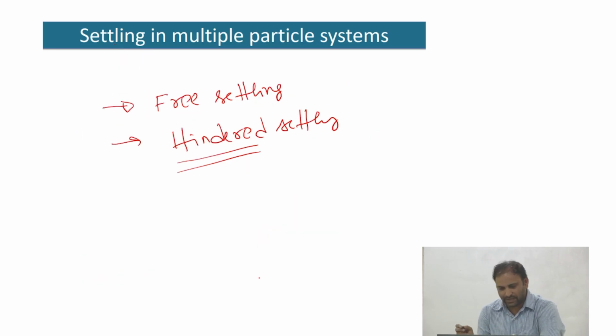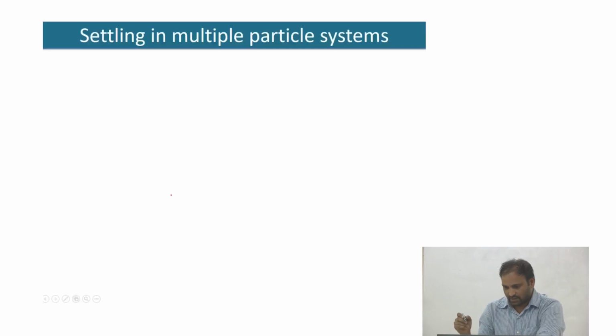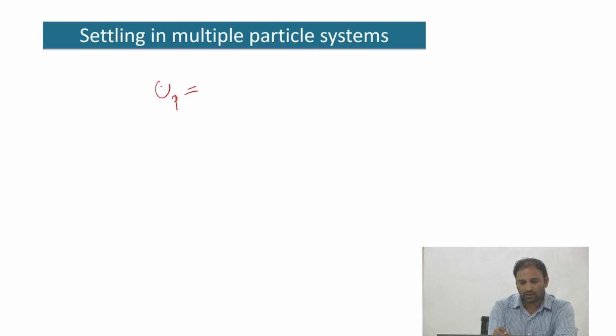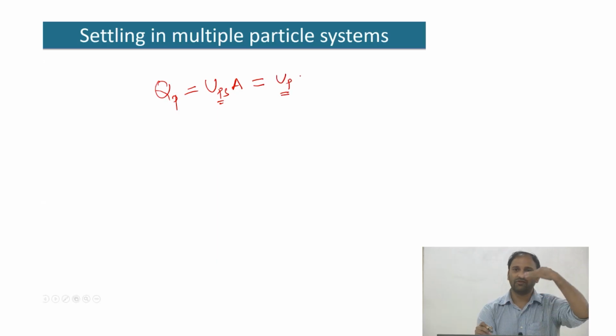Which basically is, if you say that your QP is U particle superficial times A, it is equal to U of just the particle times the area that is available for the particle to settle.